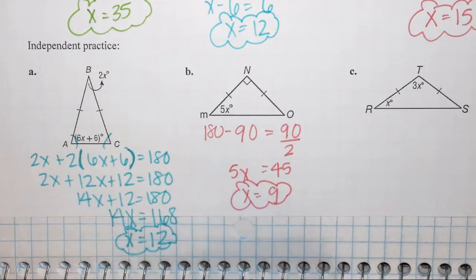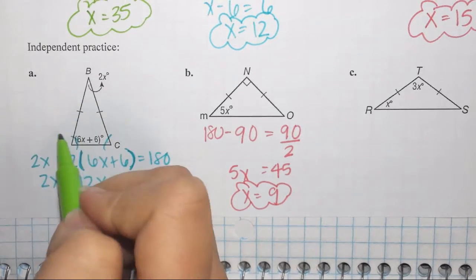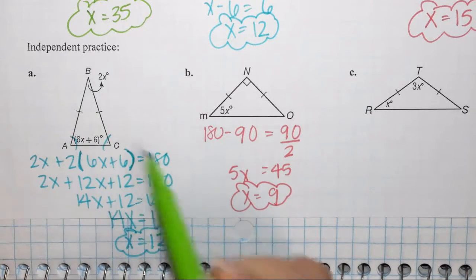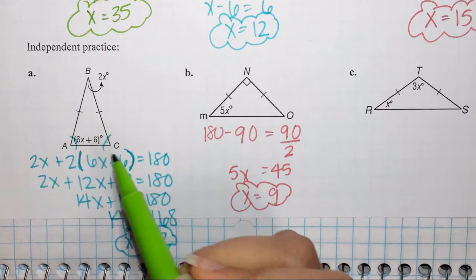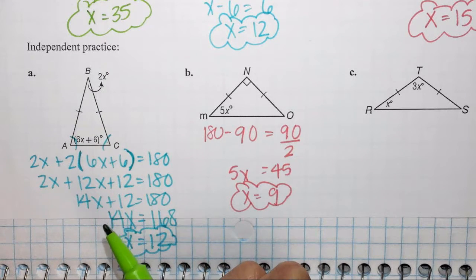12. Okay, now let's walk through again what we just did. Are y'all ready? So the first thing we did was we recognized that A and C are congruent because of the tick marks. And then we added them all up and set it equal to 180 because it's a triangle. And we said 2 times 6x plus 6 because there's how many of those?